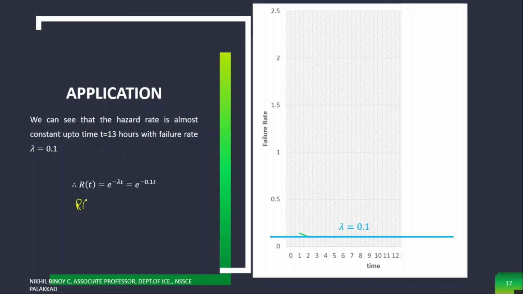R of 30 is equal to e raised to minus 0.1 into 30. What is the value?